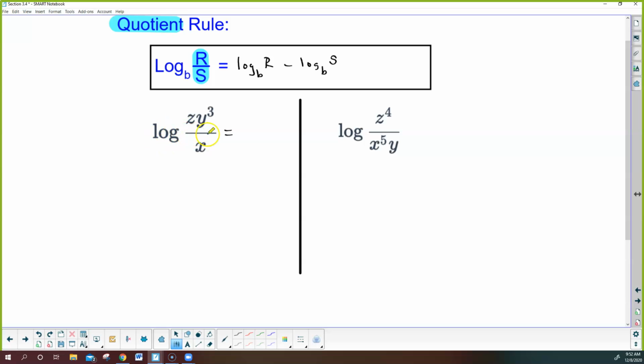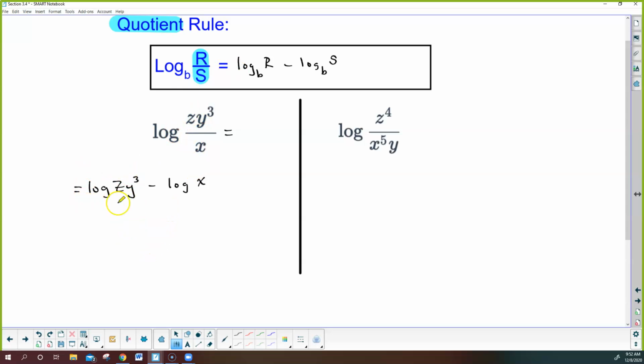I'm going to first deal with the quotient. We're going to use the rule we just learned to split it up. So I've got the log of, technically there's a 10 here, but again, we don't write the 10, the numerator, minus the log of the denominator. And they both have the same base. That's the reason why this works.